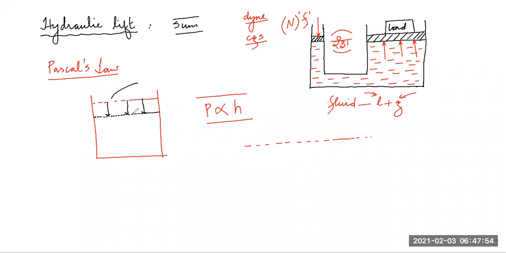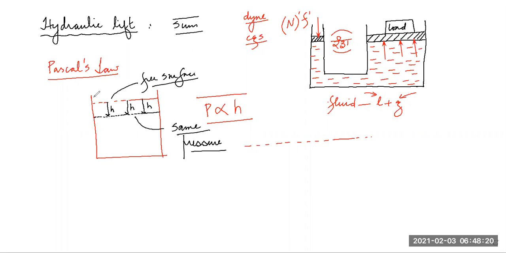All these particles of the fluid which are at the same depth from the free surface of the liquid will have the same pressure, that we have already understood, and now we are simply stating it.